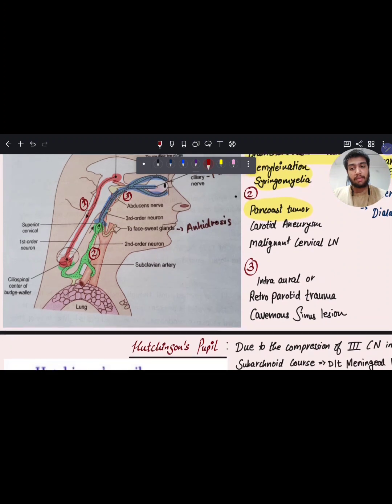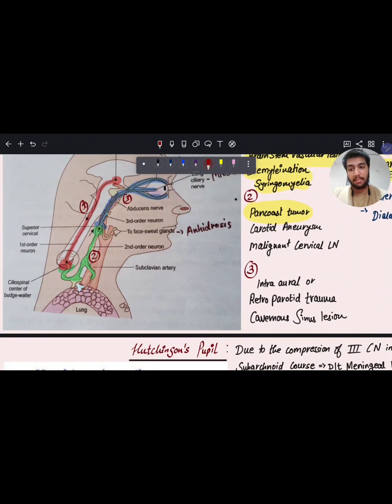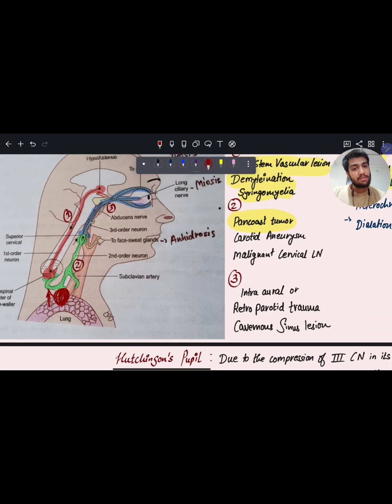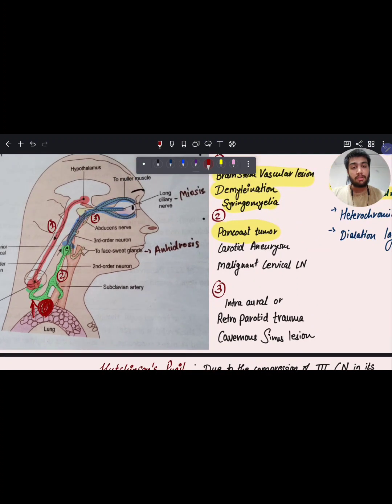And Pancoast tumor, as you all know, here is the lung, and if there is a tumor over here then obviously it is going to compress the sympathetic nerves, and that's why in Pancoast tumor the patient usually presents as Horner syndrome. Same thing can happen if you are having a carotid aneurysm. You can have Horner syndrome if you have malignant cervical lymphadenopathy.